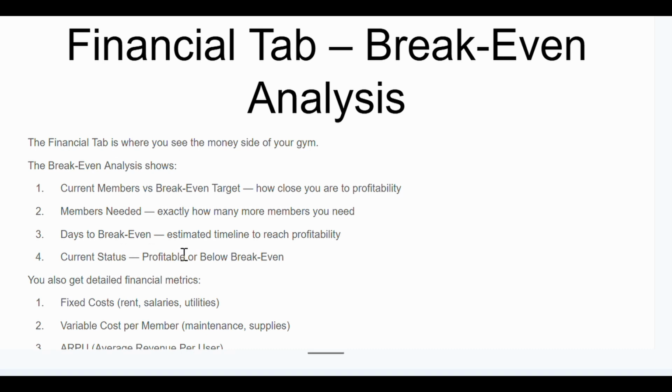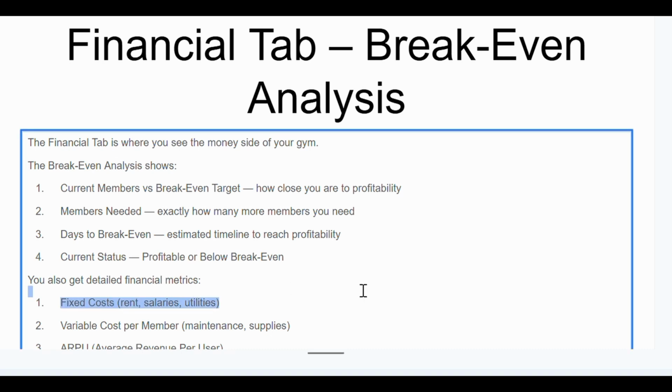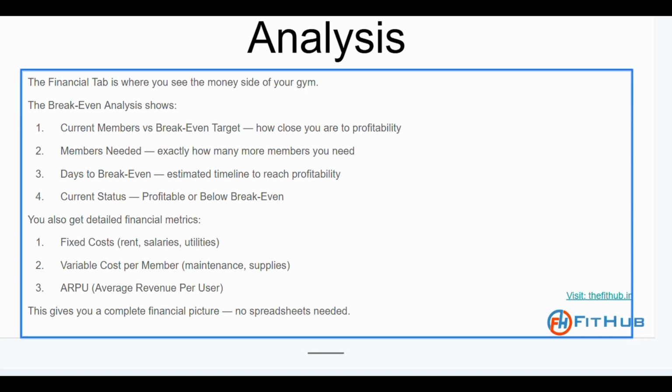How many days will you require to reach profitability? And what is your current status? You'll also get financial metrics like your fixed cost, your variable cost, your average revenue per user. This gives you a complete financial picture without using any slides or spreadsheet, everything on the go.